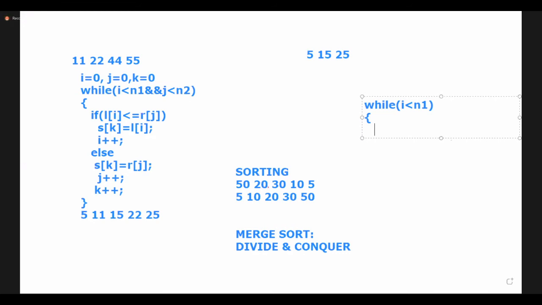So sorted array of k is equal to L of I. Again, we increase the I position and k position.